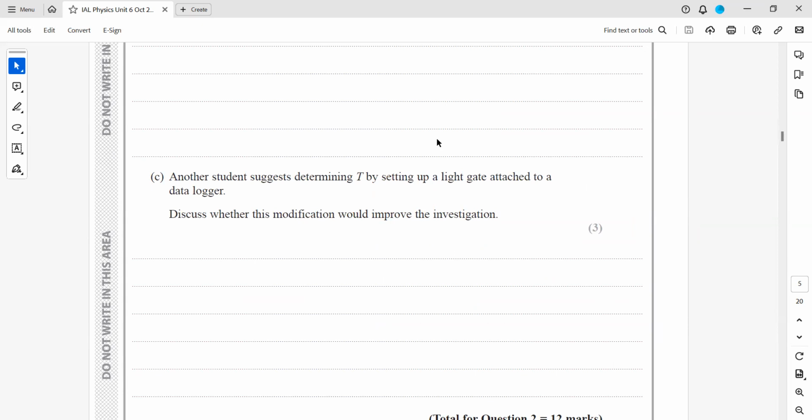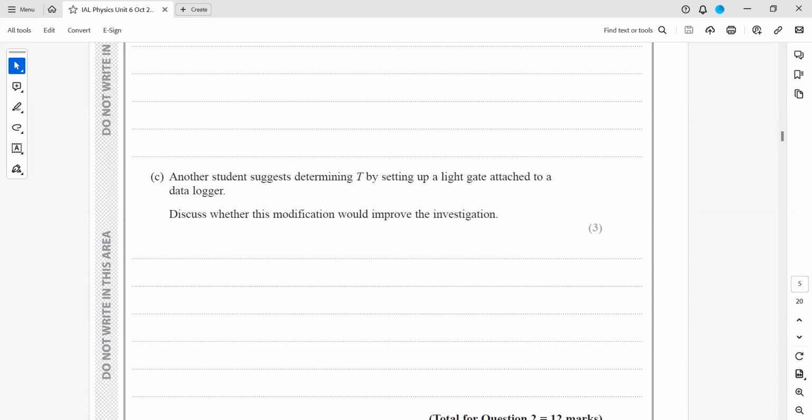Another student suggests determining T by setting up a light gate attached to a data logger. Discuss whether this modification would improve the investigation. It's worth 3 marks. So look, what is the advantage of using a light gate over a stopwatch? When we are using a stopwatch, there is a reaction time.